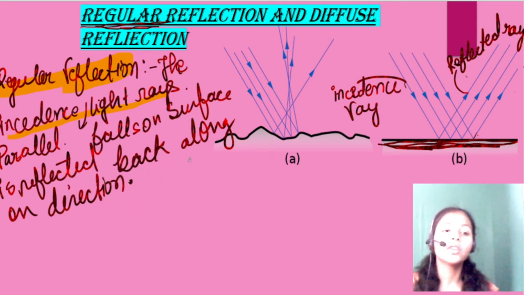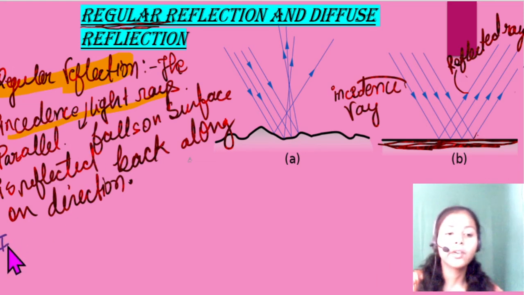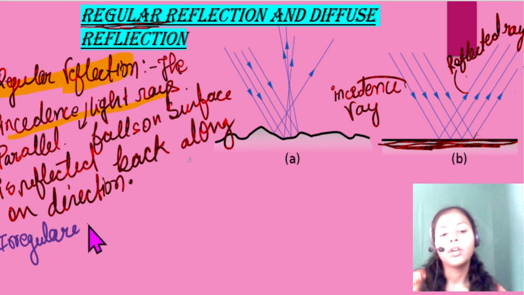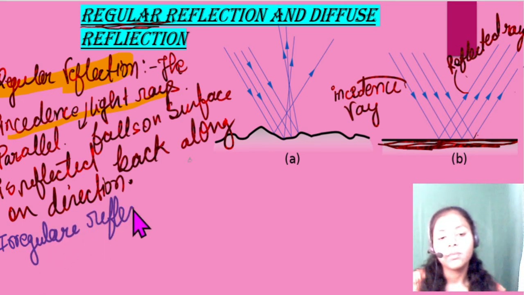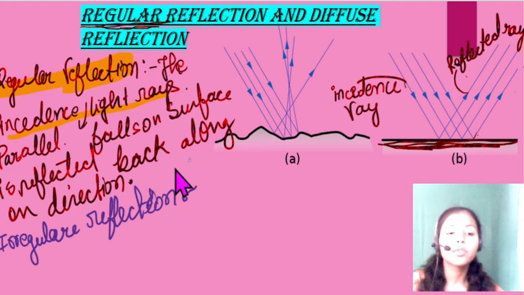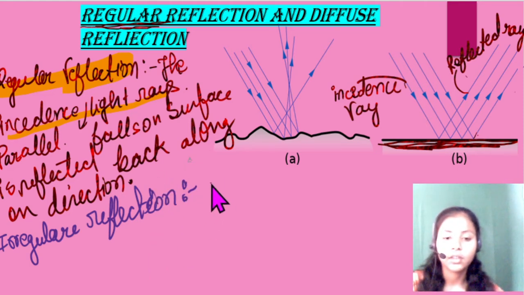And the next one is irregular reflection. The meaning of irregular reflection is just opposite to regular reflection.